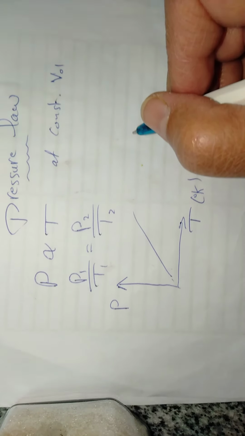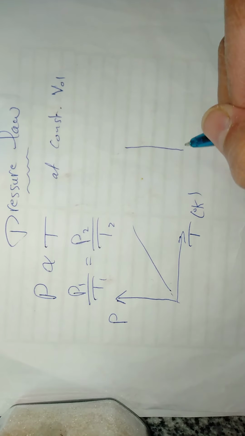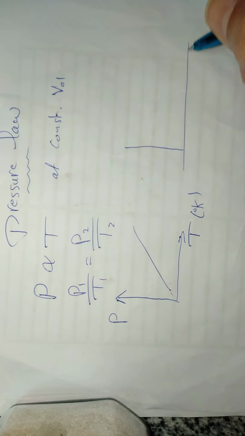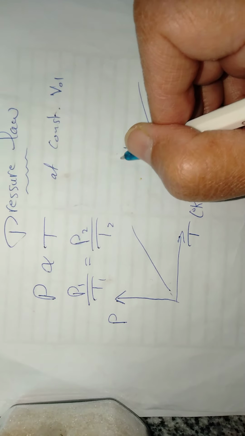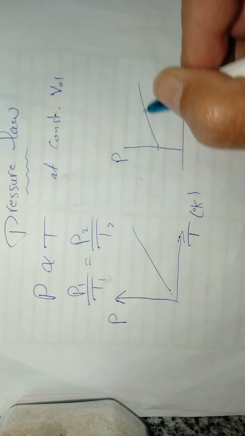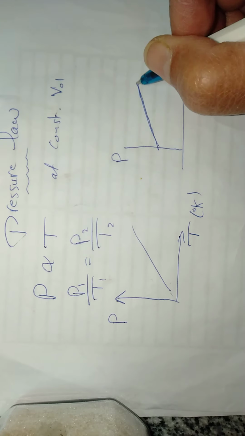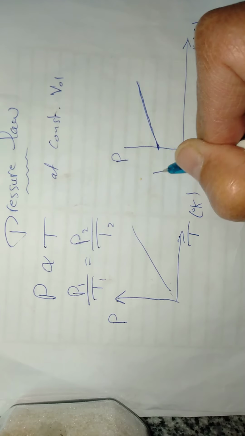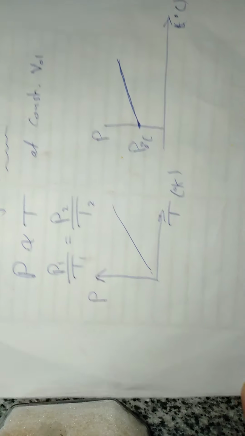Also pressure and temperature in Celsius scale is represented by a straight line that doesn't reach 0, and this point represents pressure at 0 Celsius.